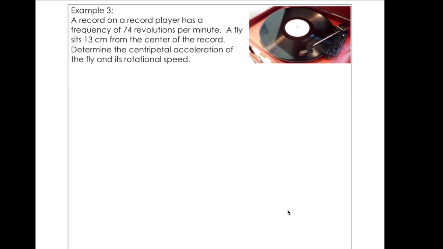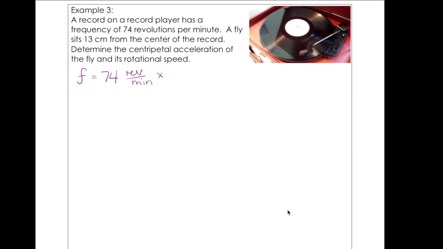Okay, so we are going to do this last example problem. A record on a record player has a frequency of 74 revolutions per minute. So they told us a frequency, and it is in revolutions per minute. So we do need to convert that into revolutions per second to get it into hertz.